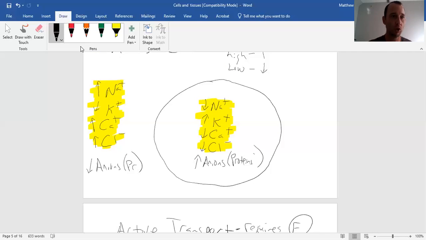All right. So with that being said, what I want to do is highlight, and we could say, I'm going to talk about active movement, and I'll use a solid line to represent how you actively have to move sodium, versus passive movement, and passive movement we'll do with a dotted line.